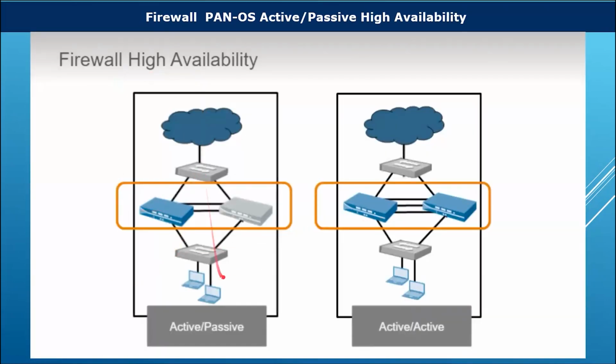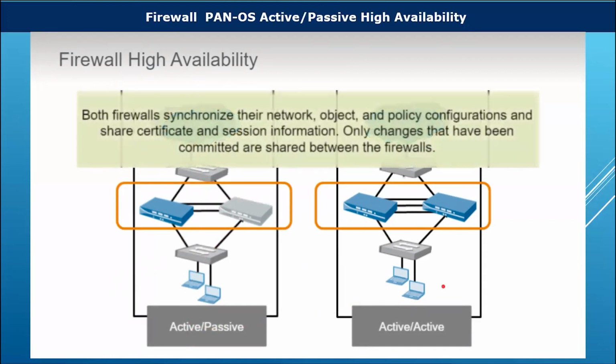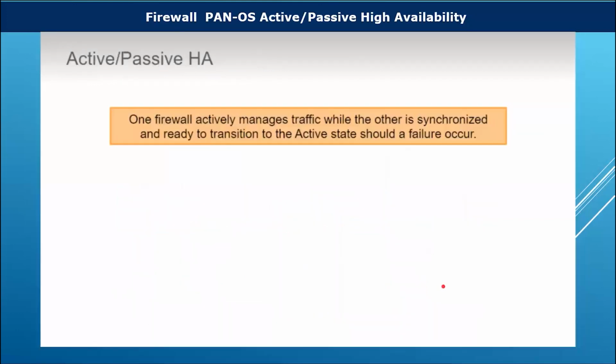So guys, here, high availability: active passive, active active. First of all, we will understand the active passive. In the active passive high availability, what happens? One firewall is active, actively managing the traffic, which means all the traffic is passing through the one firewall. The second firewall works as a standby.